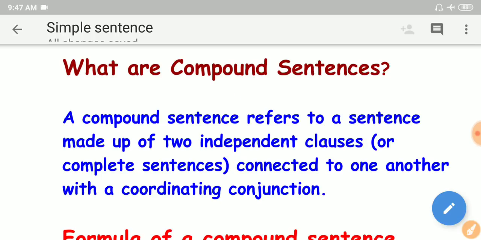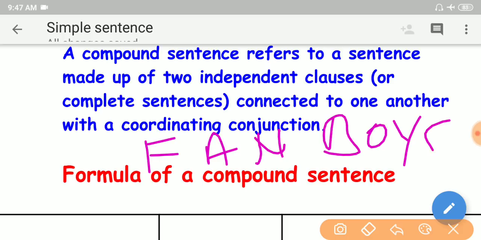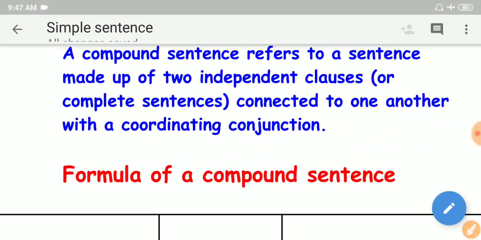FANBOYS are the important coordinating conjunctions. F for for, A for and, N for nor, B for but, O for or, Y for yet, S for so. Two independent clauses connected with coordinating conjunctions, that sentence we can call a compound sentence.